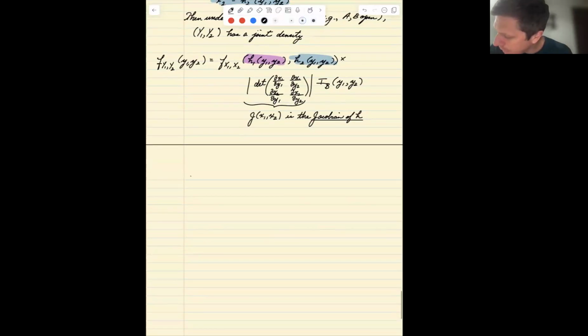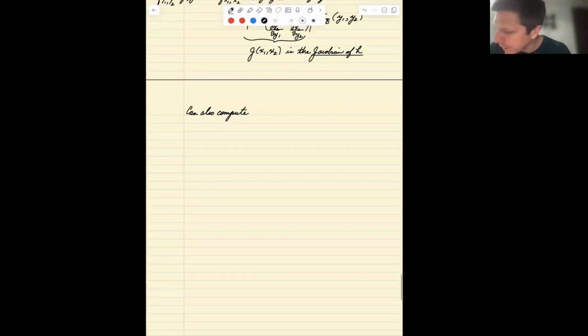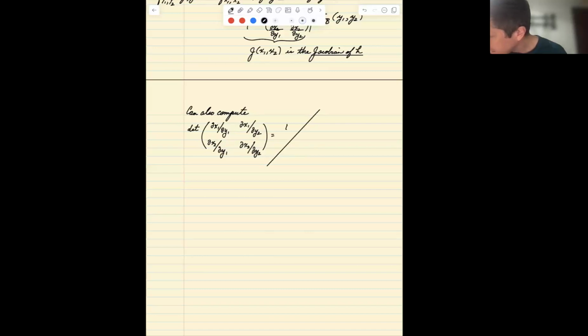Okay. We can also evaluate this Jacobian, this determinant of dx1/dy1, dx1/dy2, dx2/dy1, dx2/dy2, as 1 divided by the determinant of dy1/dx1, dy1/dx2, dy2/dx1, dy2/dx2.